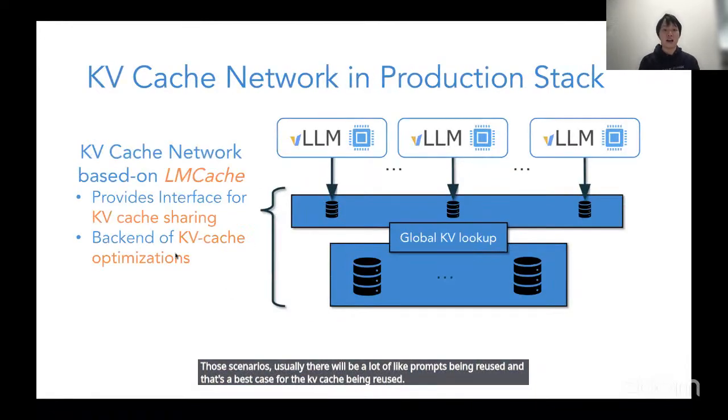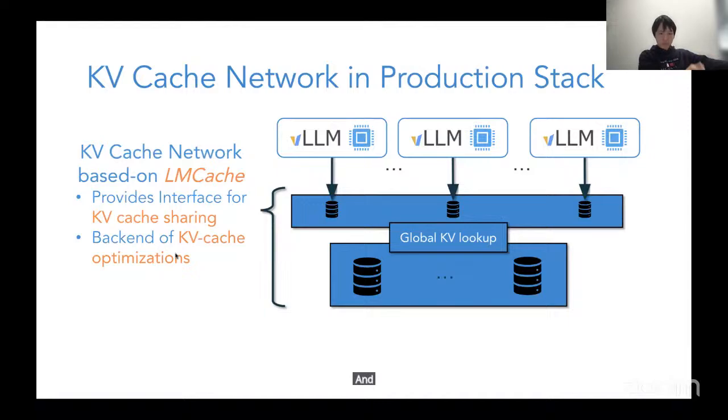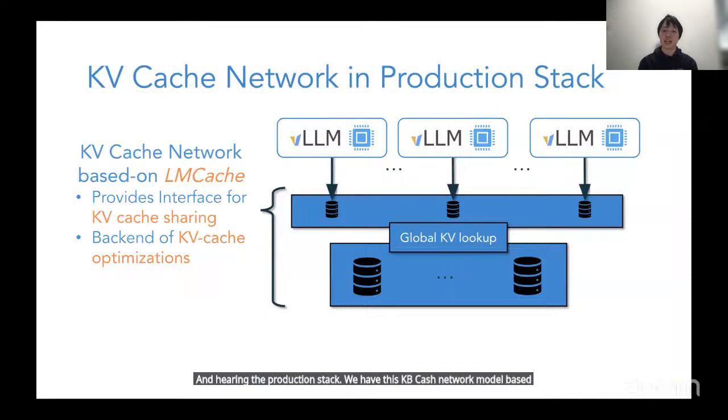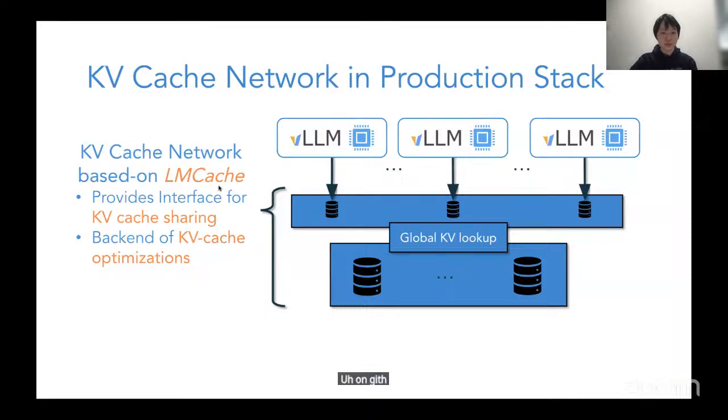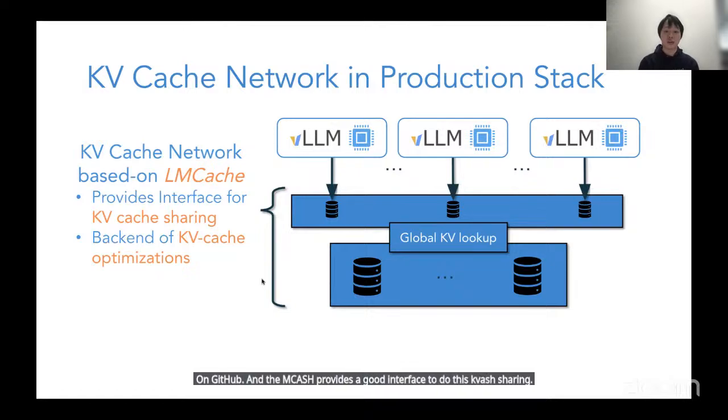Here in the production stack, we have this KV cache network module based on the LMCache project, which is also an open source project on GitHub. LMCache provides a good interface for KV cache sharing, and it implements a bunch of KV cache optimizations.